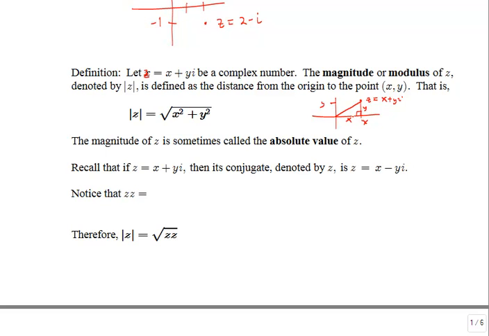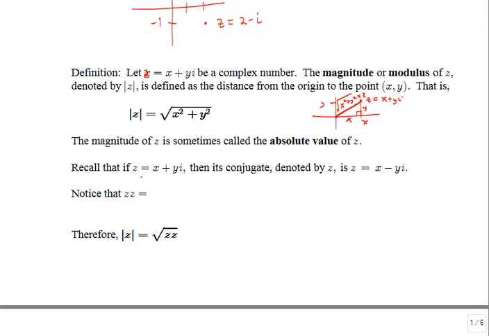And by the Pythagorean theorem, the hypotenuse would have to be the sum of the squares of those two legs and then the square root of that. And that is exactly what the distance from the origin to the point x comma y would be. So the distance between this point and the origin is exactly that hypotenuse. So that's where this formula comes from. It's just the hypotenuse of that right triangle. We call the magnitude of z the absolute value of z.